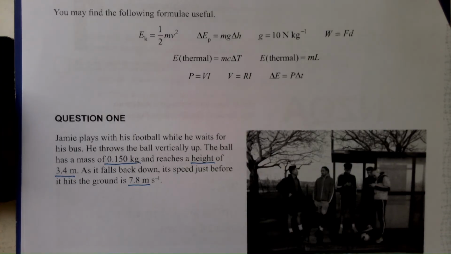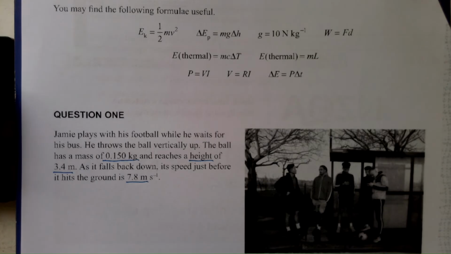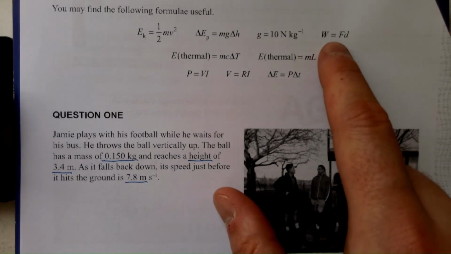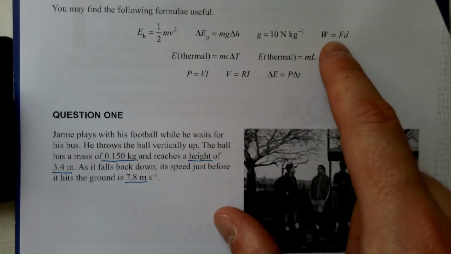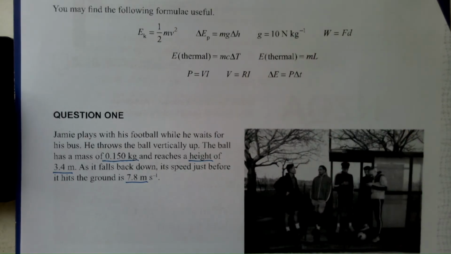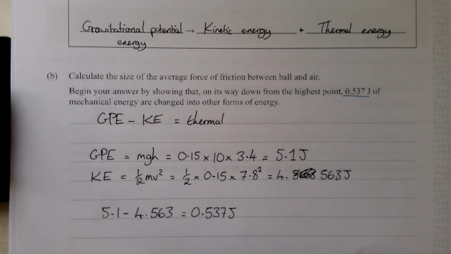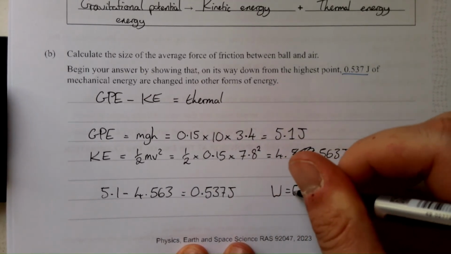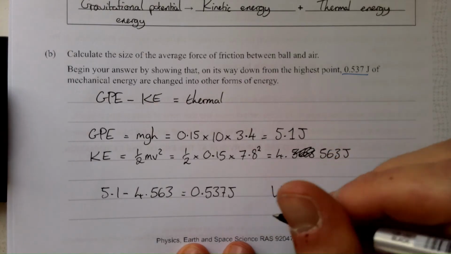So if we know that there's been 0.537 joules of thermal energy done over a distance of 3.4 meters, we can use our work done formula to calculate the force. So skipping all the way back down to the bottom of the page, I know that work done is equal to force times distance.